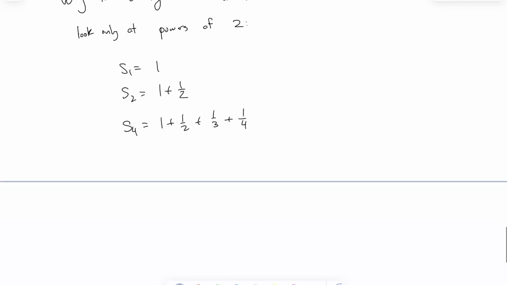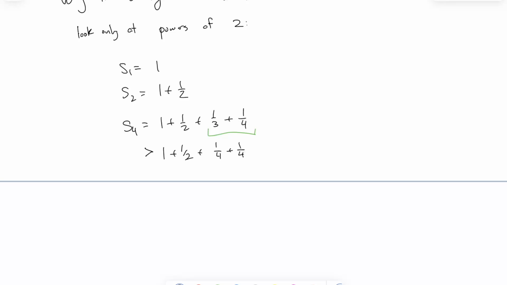I am going to consider those two guys together, 1/3 and 1/4, and I'm going to use an inequality here and change that 1/3 into a 1/4. Right? I put a greater than sign because 1/3 is bigger than 1/4. A third is more than a quarter.